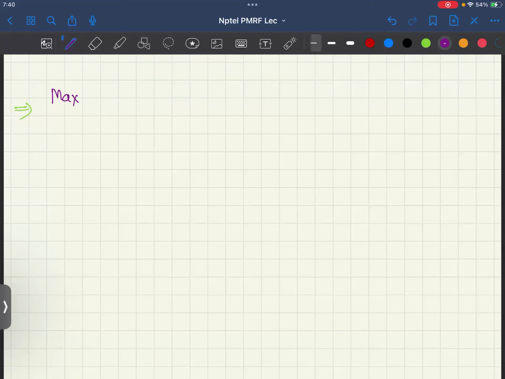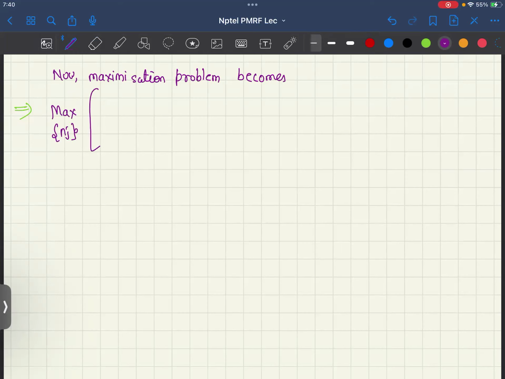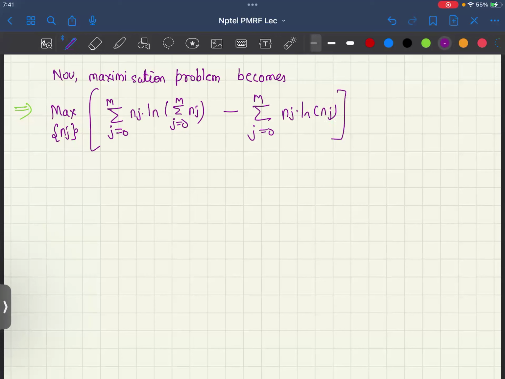Okay, now the maximization problem becomes: maximize over all nj such that summation j equals 0 to m of nj into ln of summation j equals 0 to m of nj minus summation j equals 0 to m of nj ln nj, right?